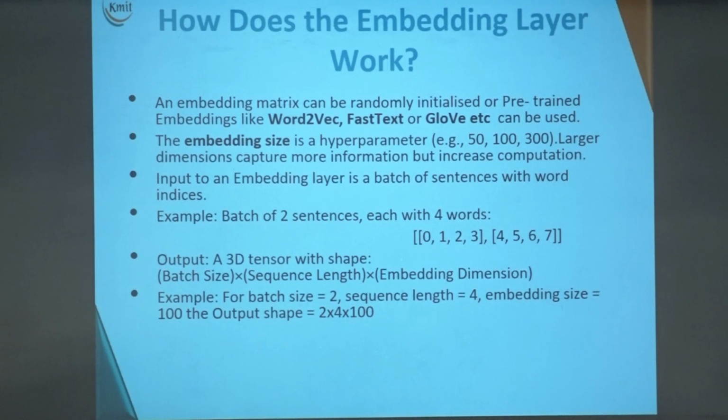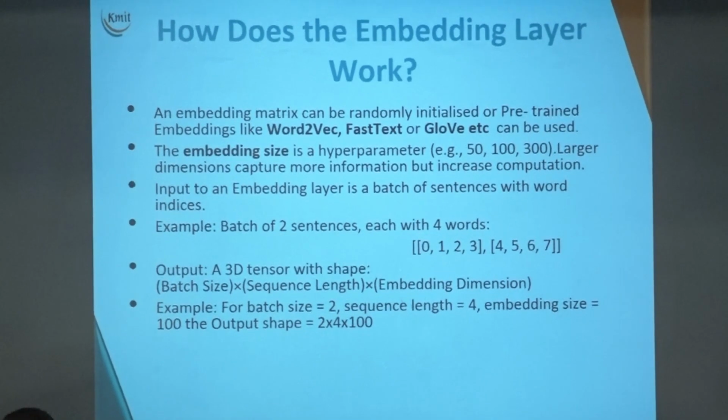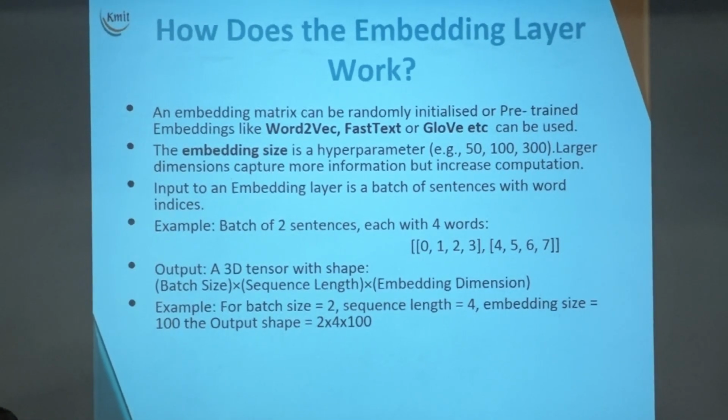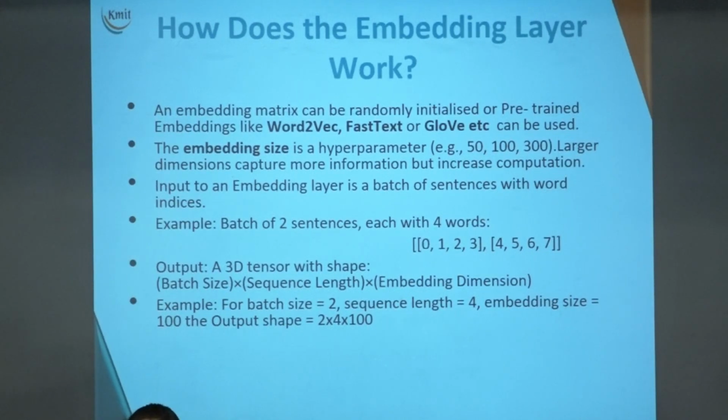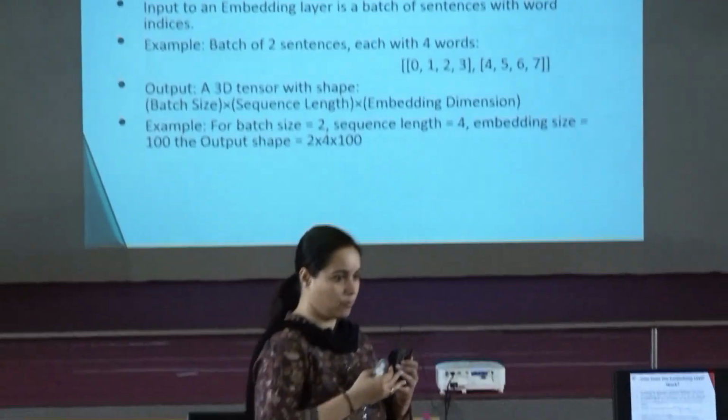Embedding size is a hyperparameter. Let's say you take it as 50, 100, 300, etc. If you are taking a larger dimension, it will obviously be able to capture a large amount of information, but computational cost will be there. It will take a large amount of time to compute your output because the size will be big.